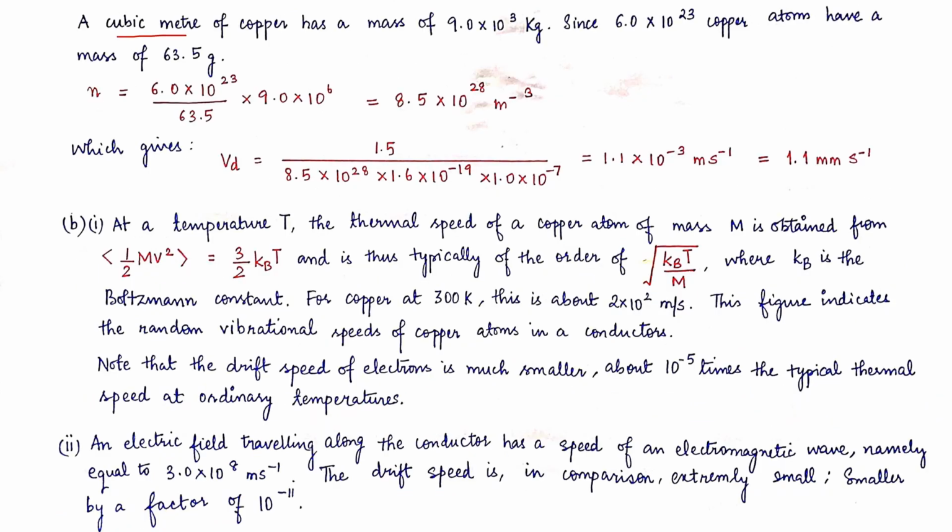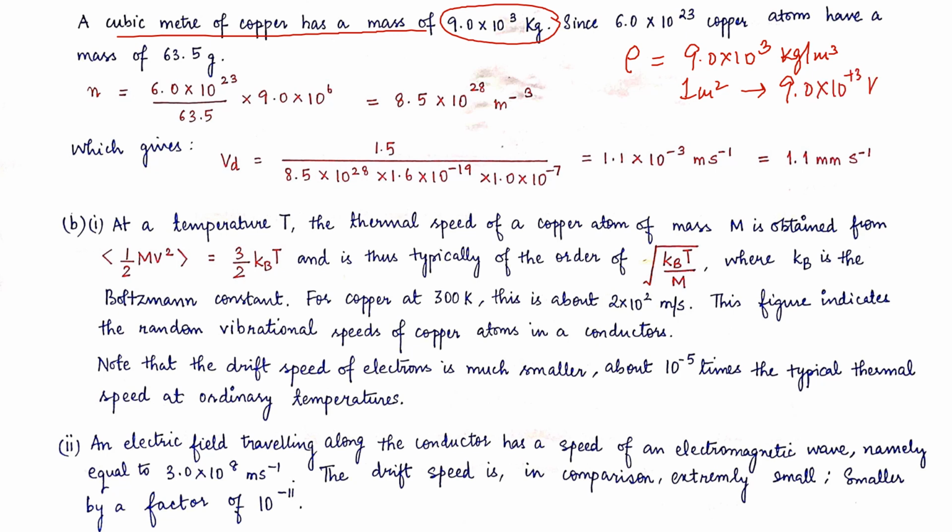Then a cubic meter of copper has a mass of 9 into 10 to the power 3 kg. The density given was 9 into 10 to the power 3 kg per meter cube, so in 1 meter cube, the weight of copper present is 9 into 10 to the power 3 kg.